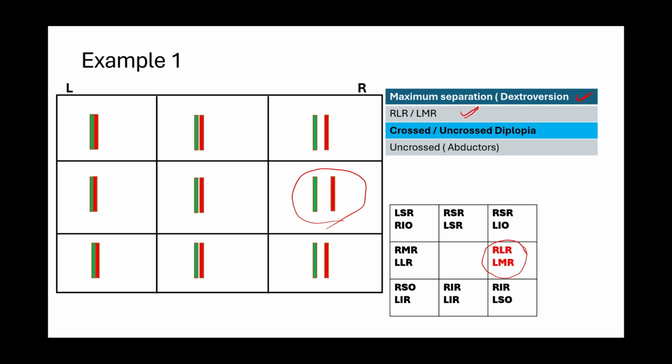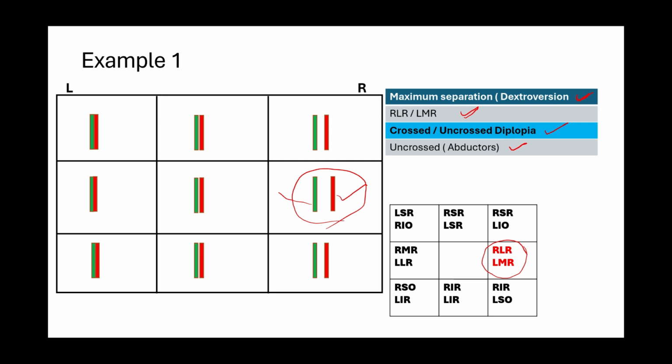Okay. So next, what do we try to see? We have to find out whether it is a crossed diplopia or an uncrossed diplopia. So what do we have here? The right image is on the right, the green image is on the left. So it is an uncrossed diplopia. Where do we get uncrossed diplopia? Only when the abductors are paralyzed.